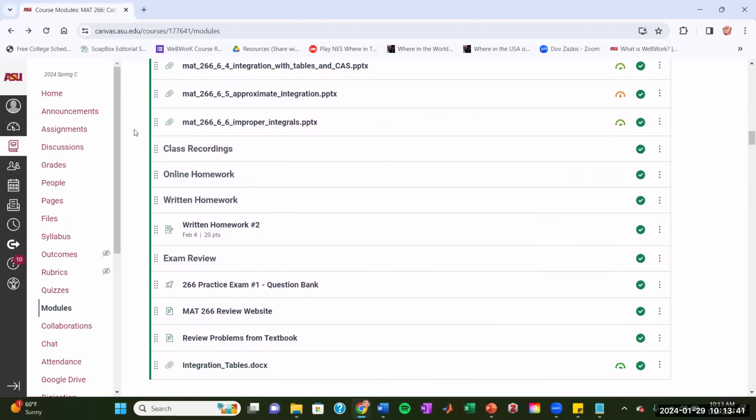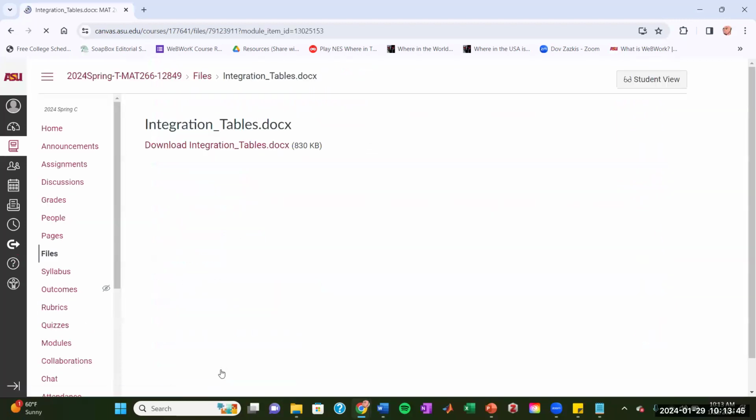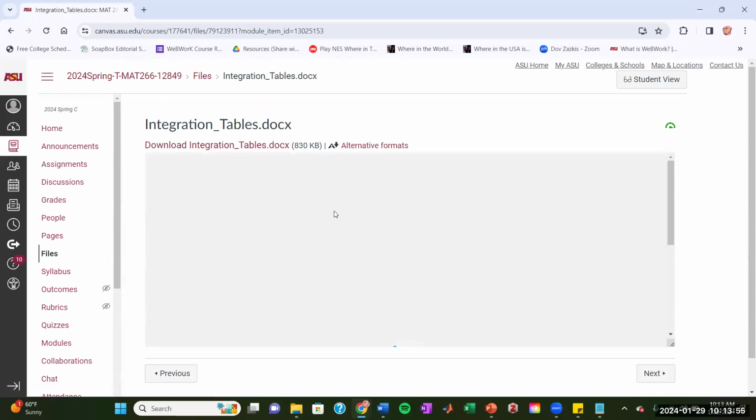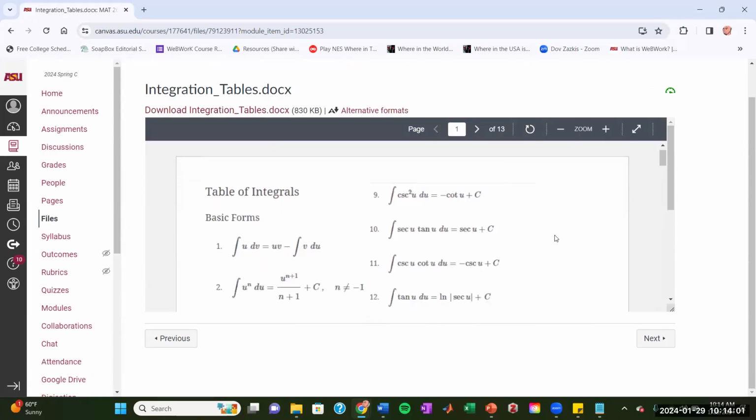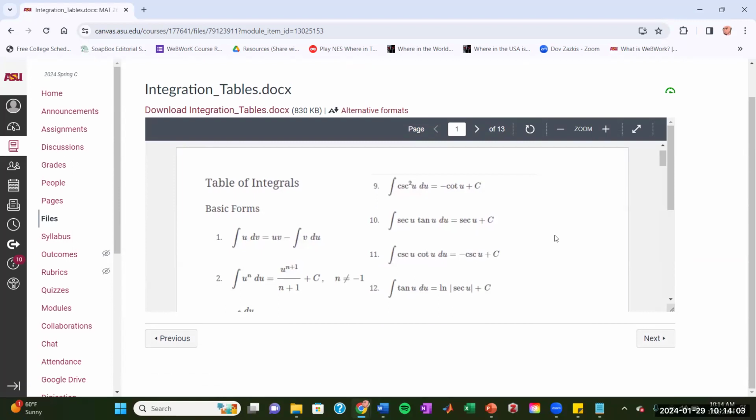What else? I also put something in here called integration tables, which is something you'll need for what we're going to talk about today. Basically, the book you have access to is a PDF version of the physical book, but the one thing that it doesn't include is, you know how textbooks have, on the front and back covers, a bunch of reference stuff.